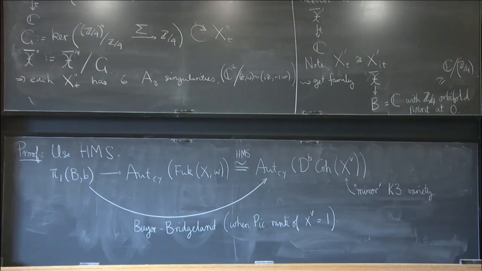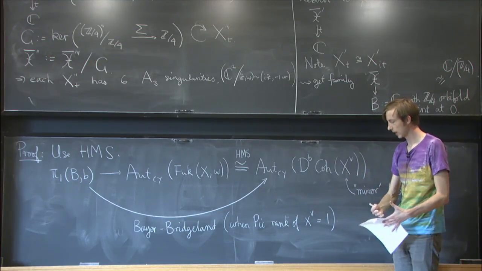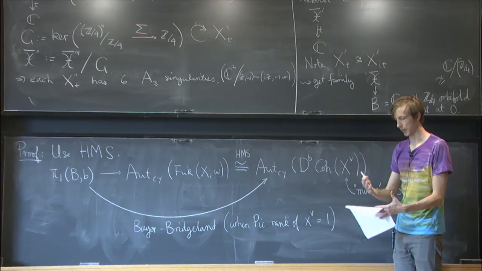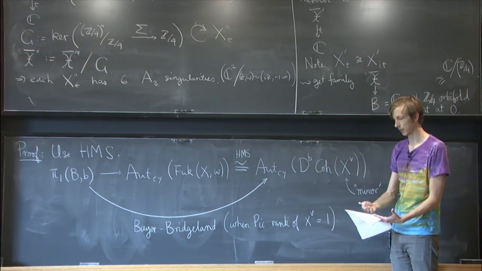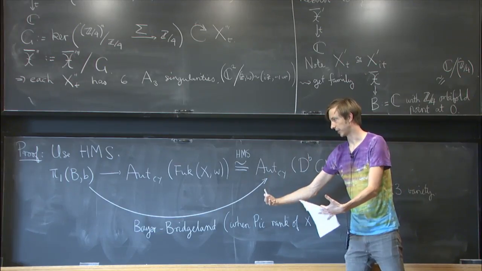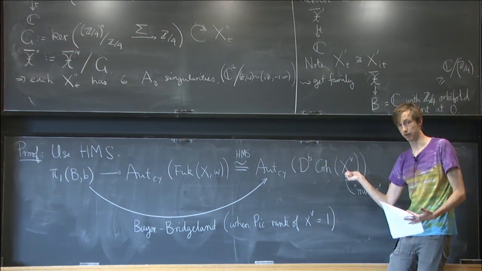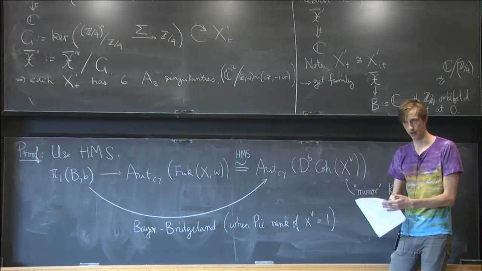And now it turns out that this condition, that the cohomology class of the symplectic form has to be irrational, is the thing that corresponds under homological mirror symmetry to the Picard rank of this mirror variety being equal to 1.